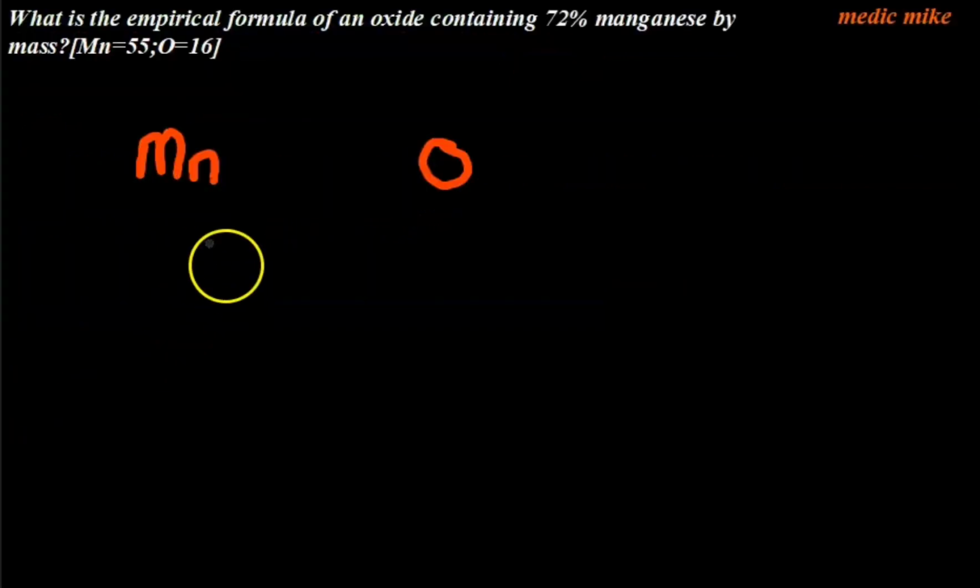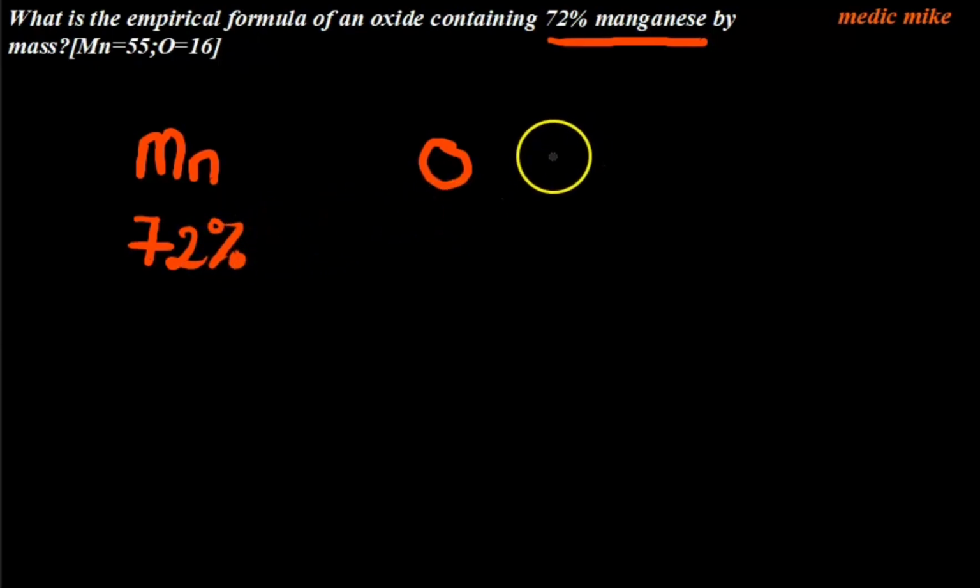In this question, we were given 72% of manganese, and manganese oxide means the compound contains manganese and oxygen, which we have already written here. It contains manganese in 72%, and this percentage can also act as our mass in gram.